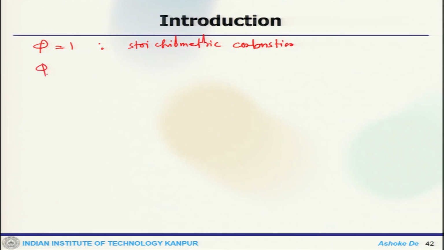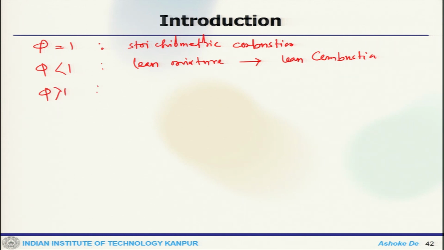When phi is less than 1, this is a lean mixture, which leads to lean combustion. At the same time, if phi is greater than 1, it is a rich mixture, which leads to rich combustion.